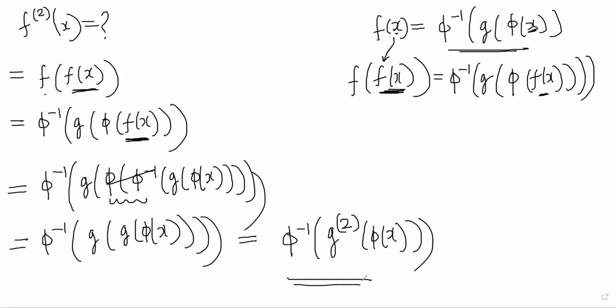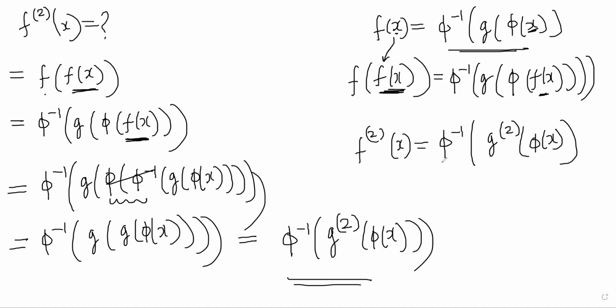I hope you are understanding the pattern. What we are getting is f of 2 of x is becoming phi inverse g of 2 of phi of x. When f of x was phi inverse g of phi of x, f of 2 of x is becoming phi inverse g of 2 of phi of x. So there is a nice and clear pattern.